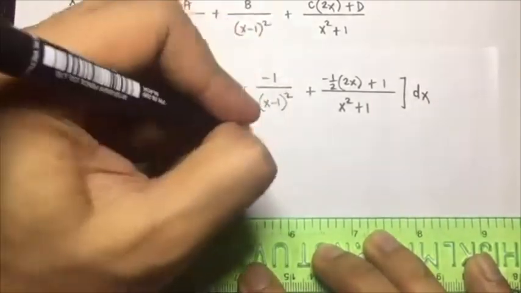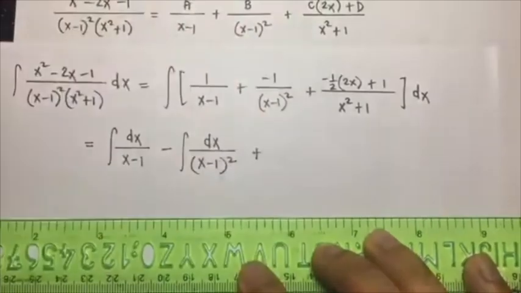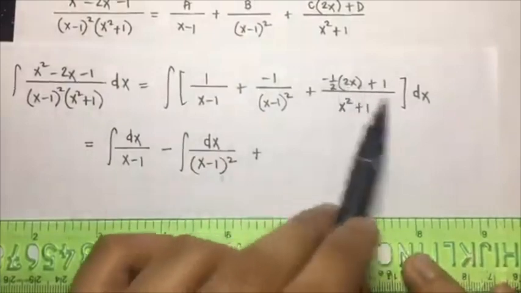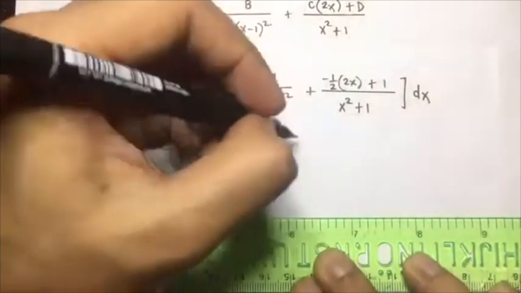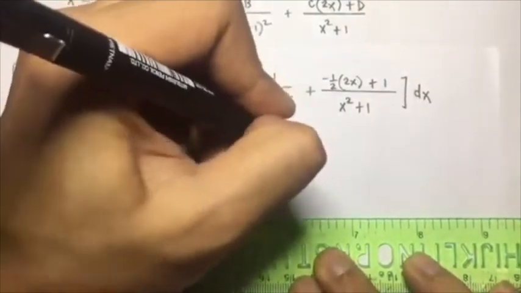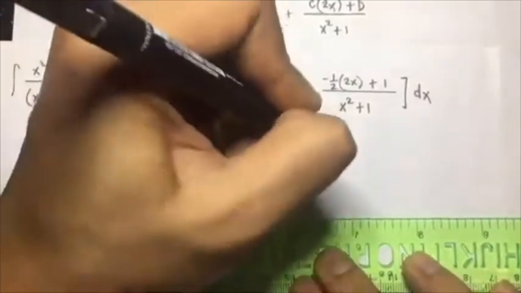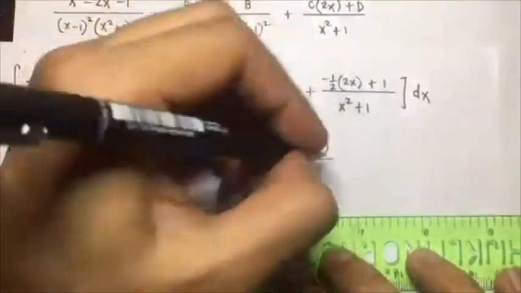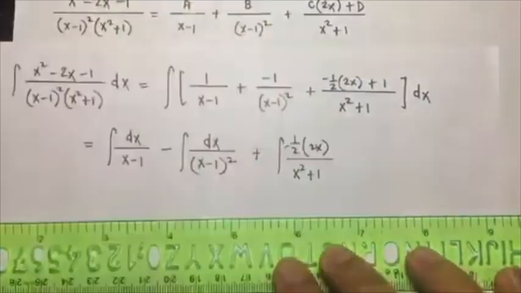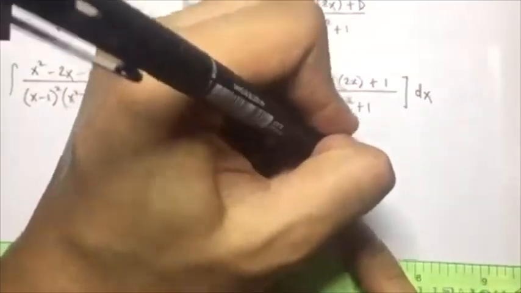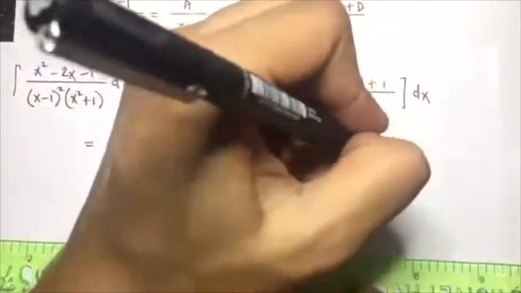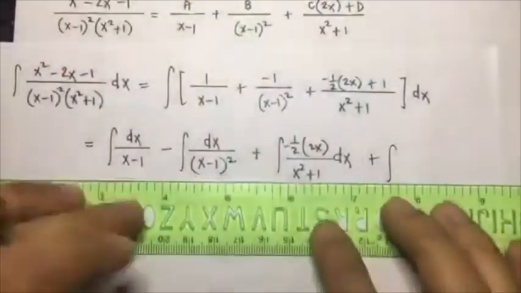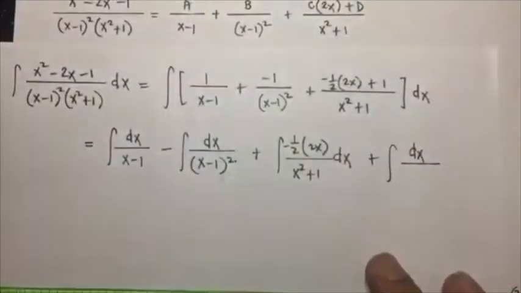Plus, we can separate these two. The first one will have the integral of negative 1/2 times 2x over x squared plus 1 dx. And the other one will have plus the integral of dx over x squared plus 1.